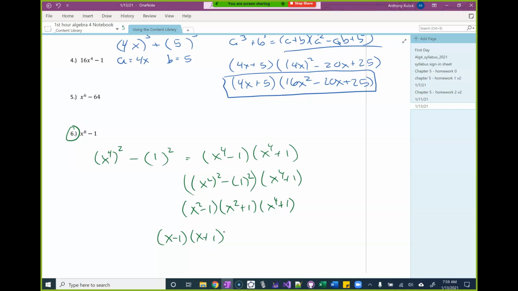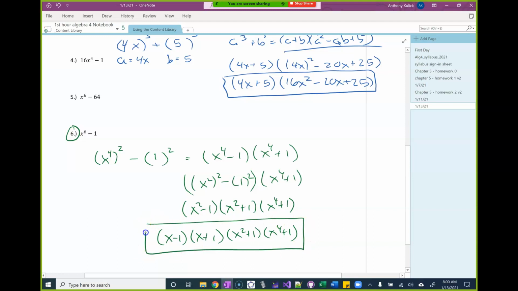No, because it's addition, right? So that can't get factored anymore. And similarly, the x to the 4th plus 1 can't be factored anymore. And the x minus 1 and x plus 1 can't be factored anymore because they're linear. So this is our final answer.